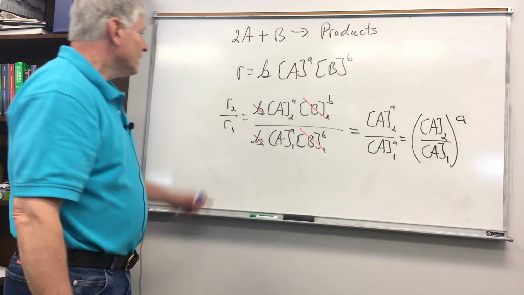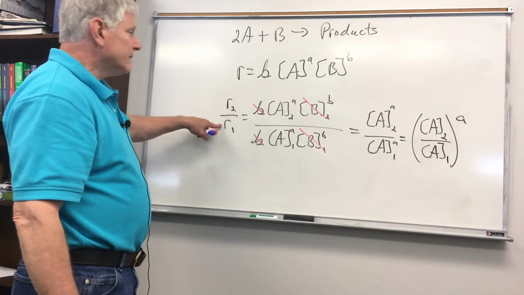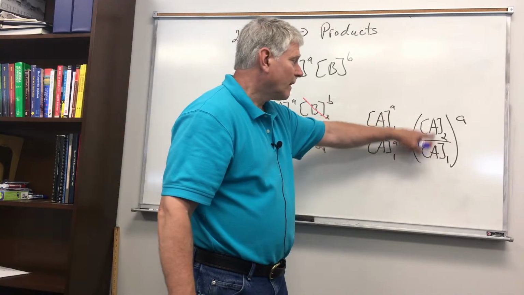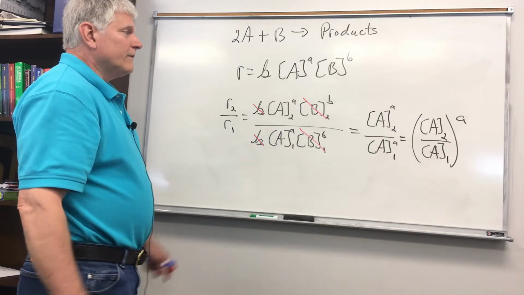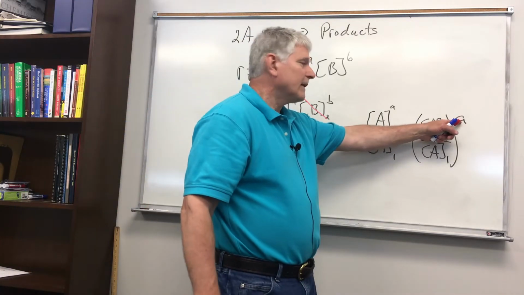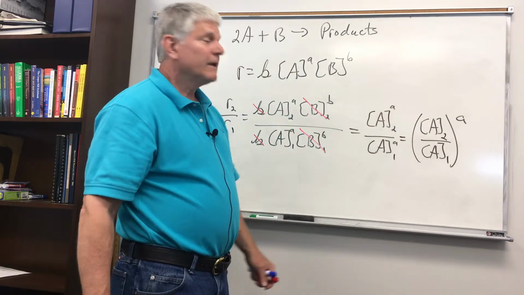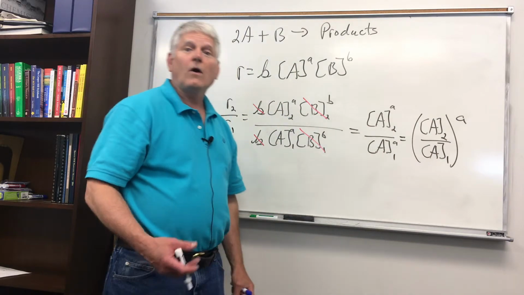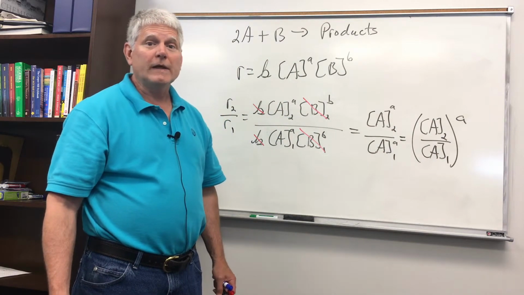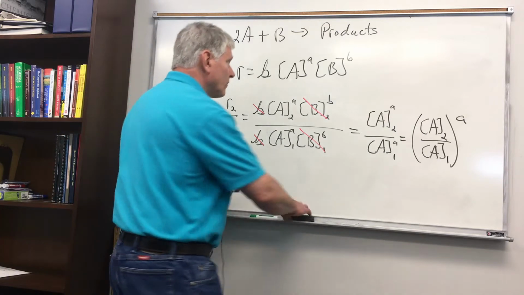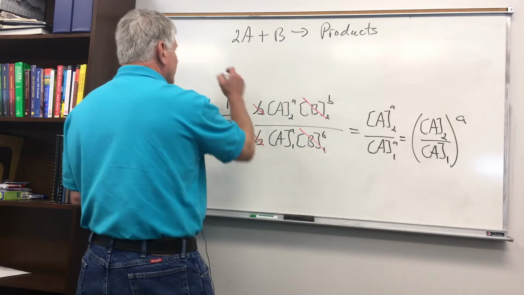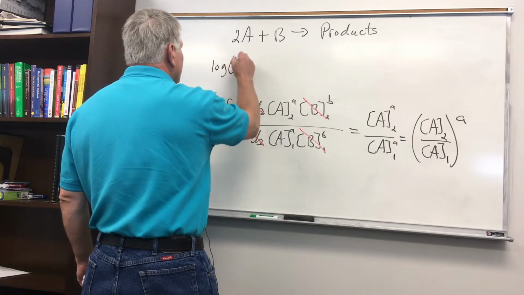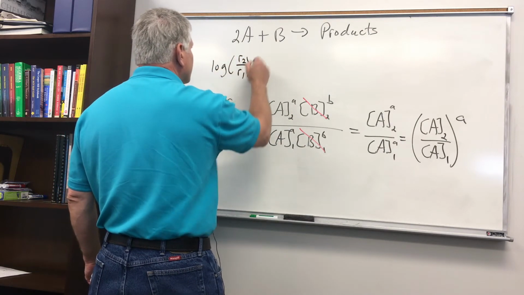So now I have the ratio of the rates is equal to the ratio of the concentrations raised to the little a power. Now if I have an unknown, I'm trying to find little a, if it's in the exponent, I can take the log of both sides of the equation and use the identity of logarithms to get a out of the exponent. So I'll take the log of both sides of the equation.